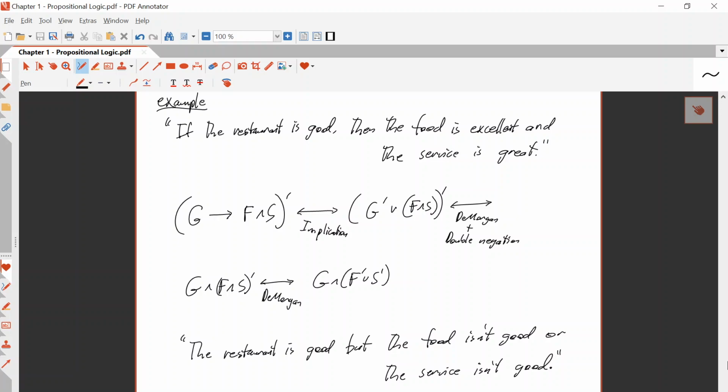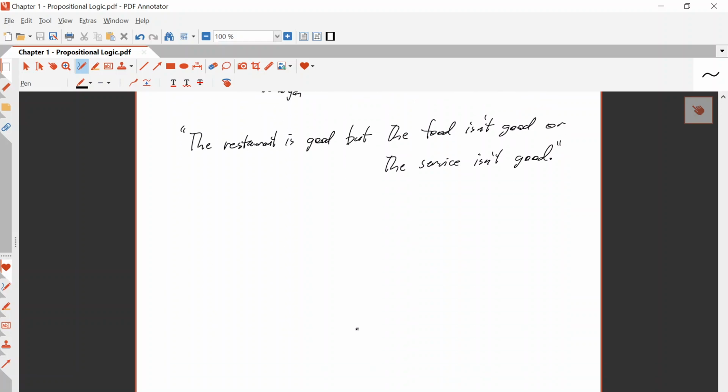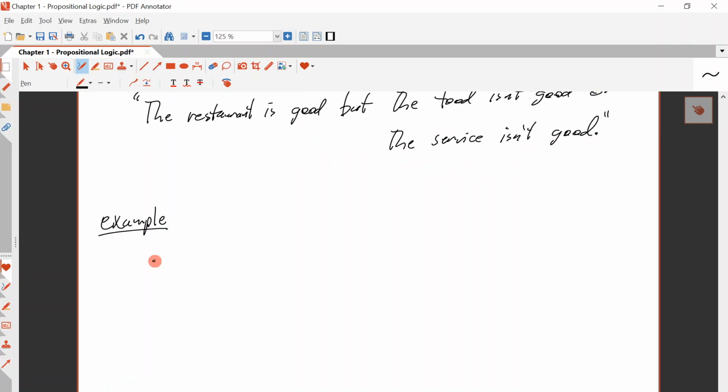How about an if and only if statement? How do you negate an if and only if statement? I forgot the double implication tautology.